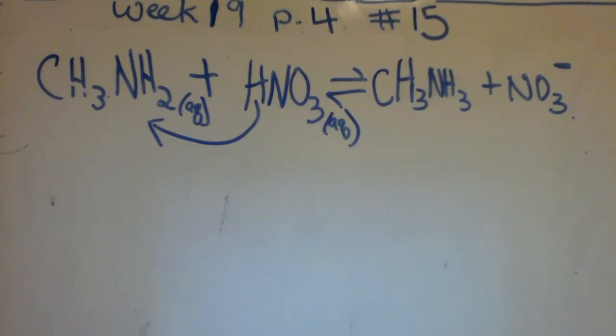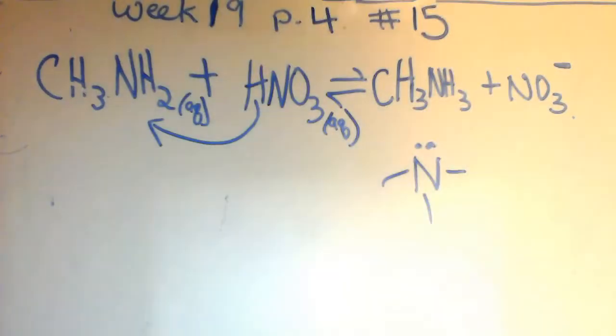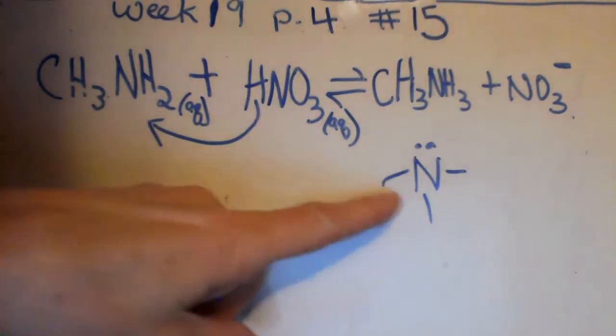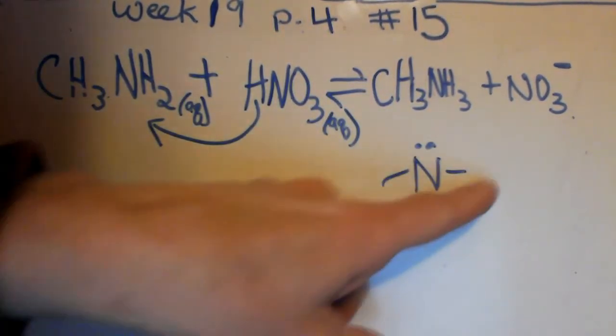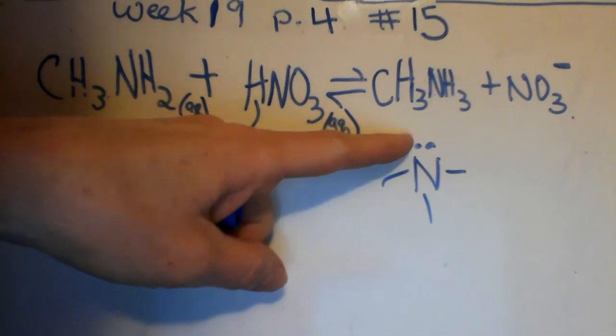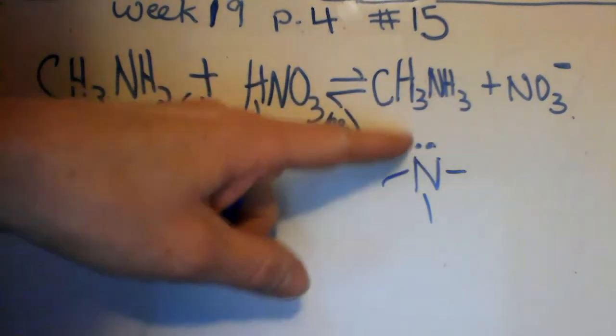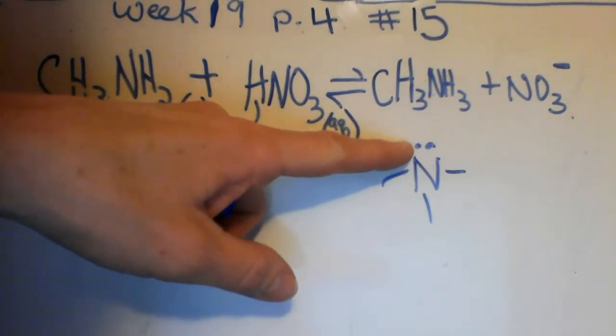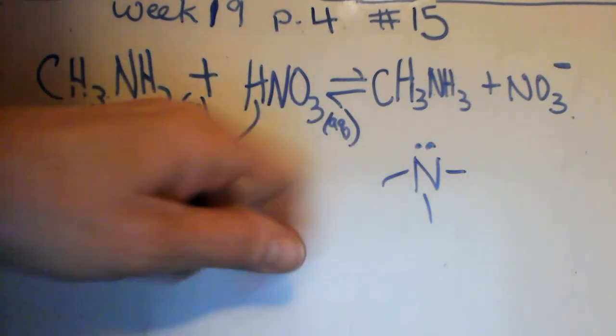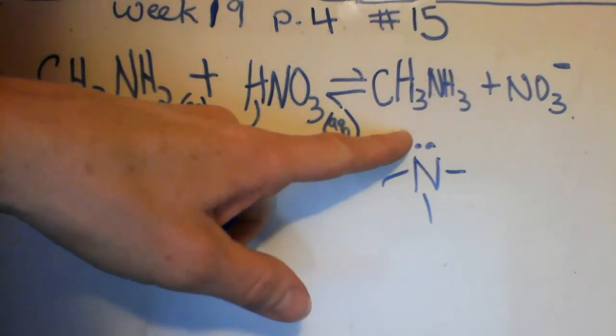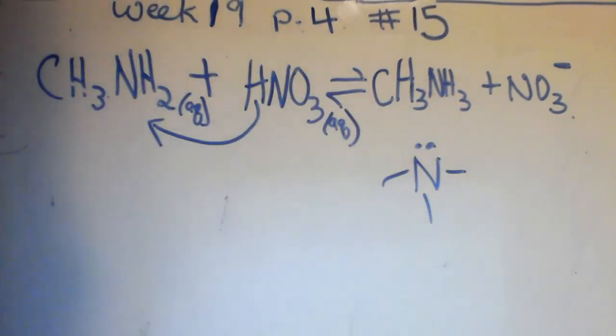We also know that nitrogen always bonds with an unshared pair of electrons. Here we show nitrogen, and it's capable of sharing 3 electrons, and then it has 1 unshared pair, which creates a bit of a negative charge there at the top of the nitrogen. And that negative charge attracts that hydrogen ion.